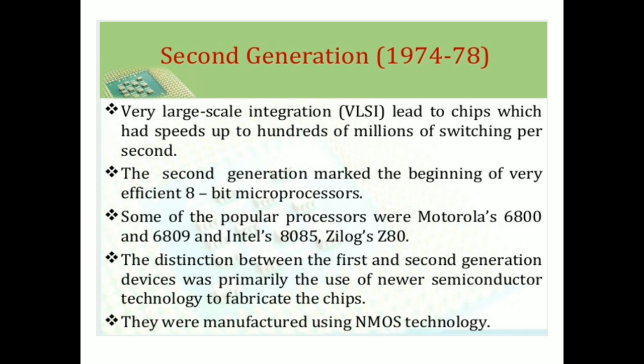The second generation marked the beginning of very efficient 8-bit microprocessors. Some of the popular processors were Motorola's 6800 and 6809, Intel's 8085, and Zilog's Z80.